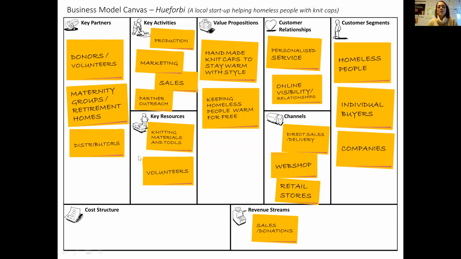And for commercial customers, we need distributors. Also, if we are to establish and sustain a web shop, we will need IT developers to help us if we do not have these skills in our team. So I had some more inputs.